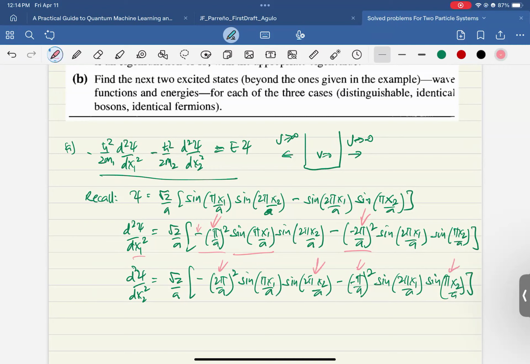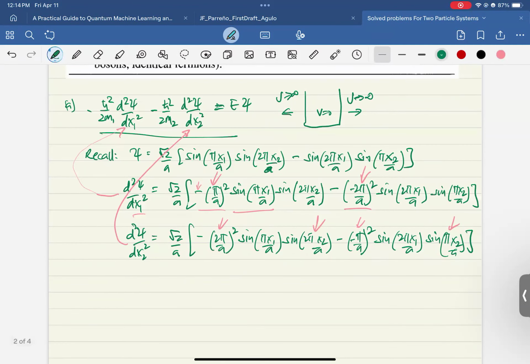So now we plug in these equations. And when we do that, ano ang makukuha natin? So we have the common coefficient na negative h bar squared over 2 m1, m2.